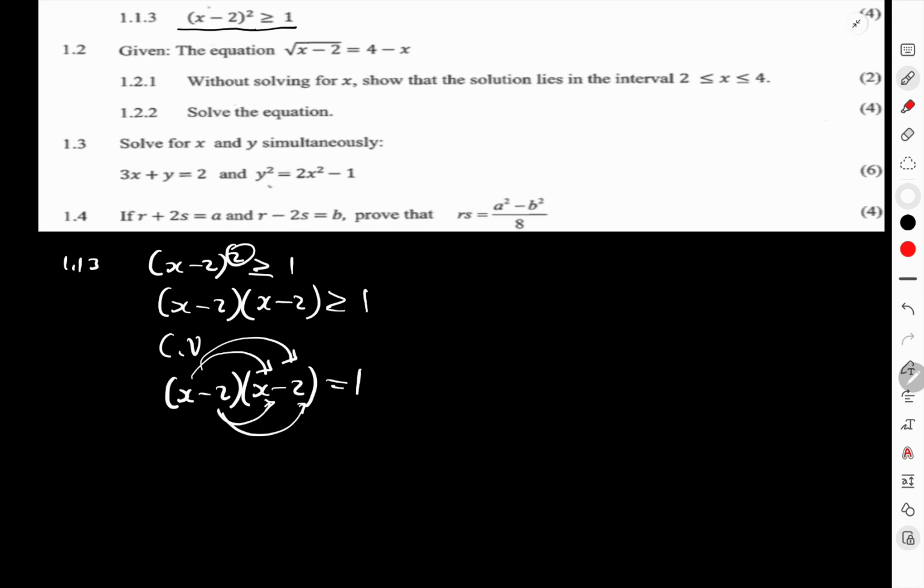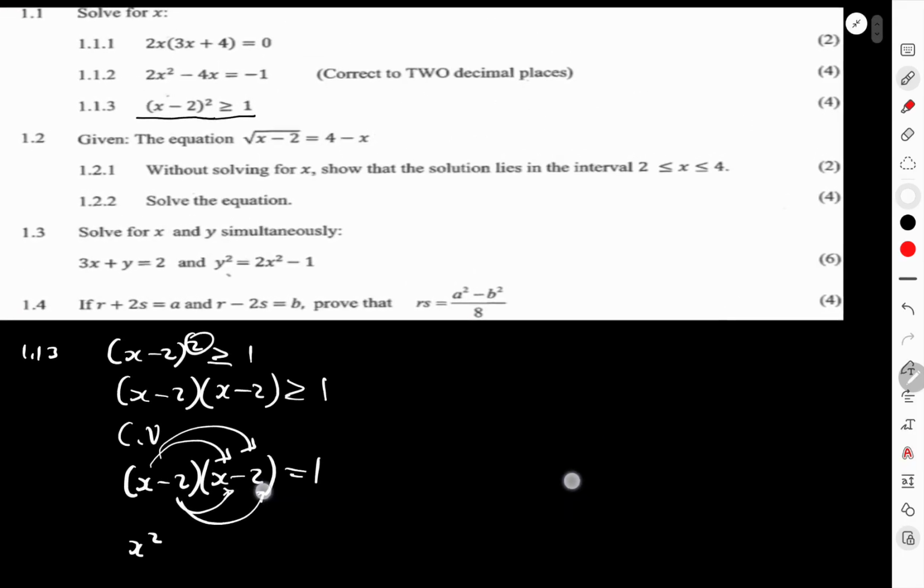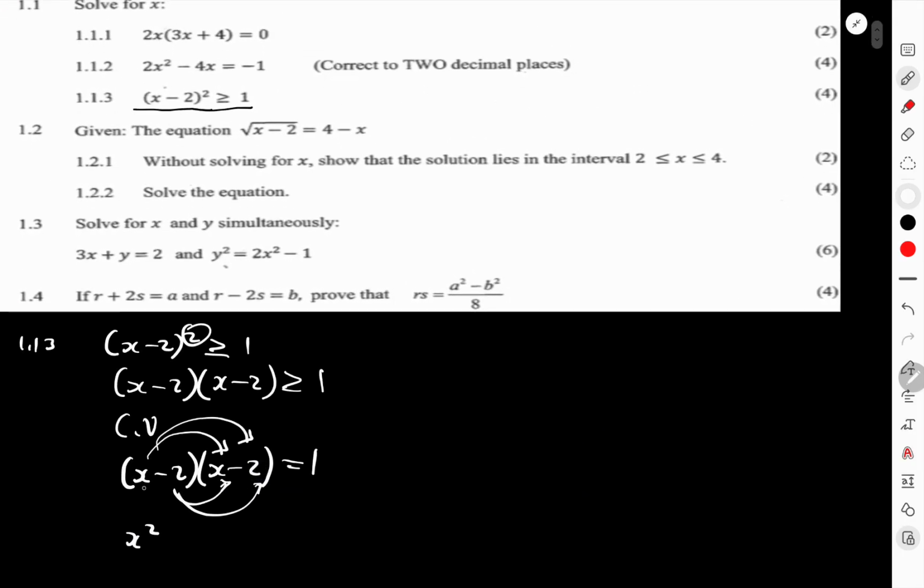Therefore it's going to be x times x, which is going to be x squared. Then we're going to have x multiplied by negative 2, which is negative 2x, negative 2 multiplied by x, which is negative 2x, then negative 2 multiplied by negative 2, which is going to give us positive 4. Now this particular one is positive on the right hand side, therefore it's going to be negative on the left hand side, minus 1, it is equals to 0.